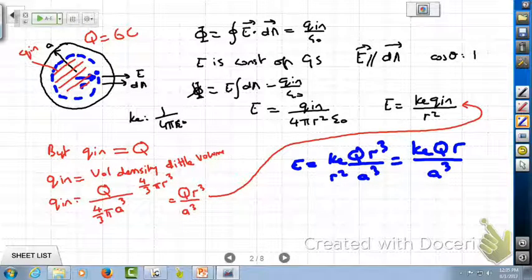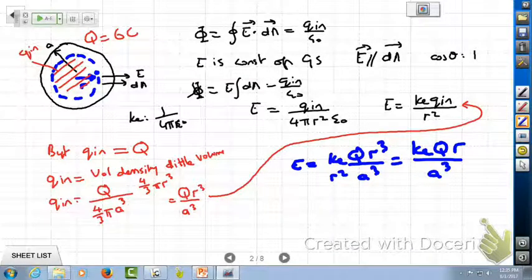So it's the same starting point. You just got to learn how to do this. You know the math. It's just the charge on the big bit divided by the volume of the big bit, multiplied by however big the inside bit is. So it's the volume of the little bit.